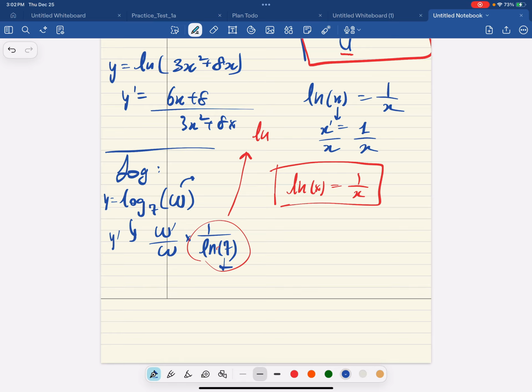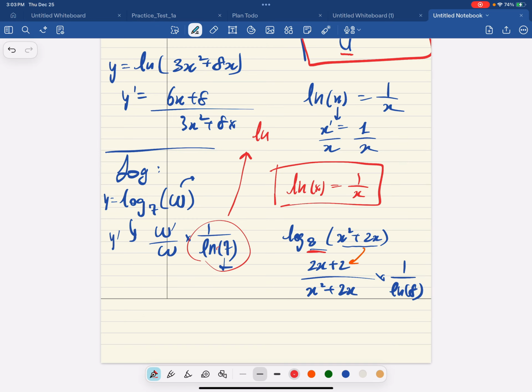The base is not always 7. To give an example, again, the inside could be as complicated as it may be: log base 8 of x squared plus 2x. Whatever is inside, prime, becomes 2x plus 2, divided by the original inside function, times 1 over ln of 8, because 8 was the base.